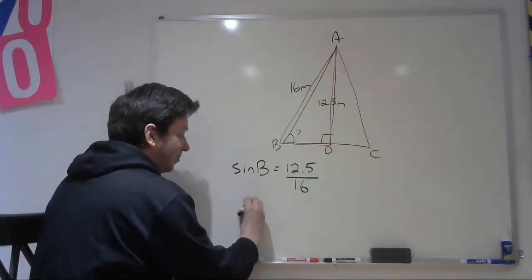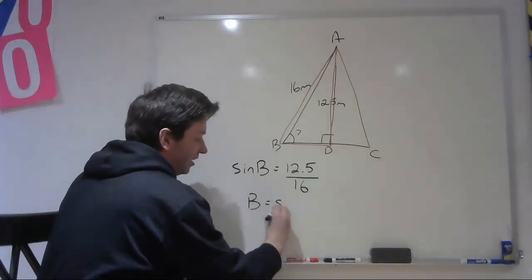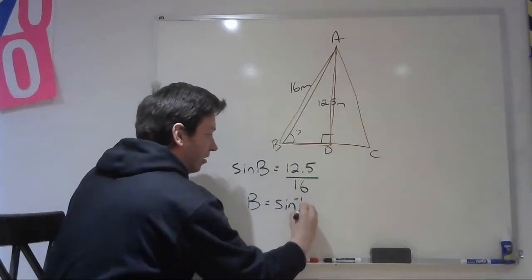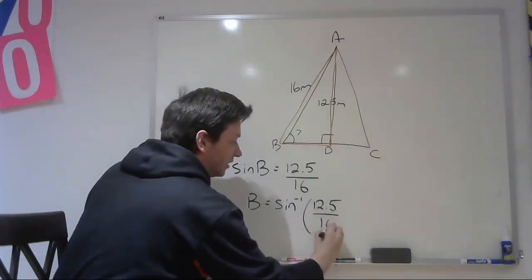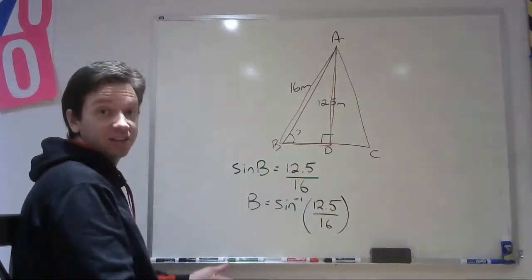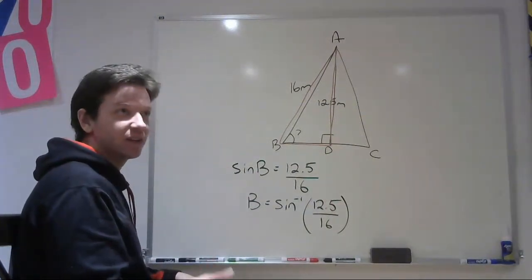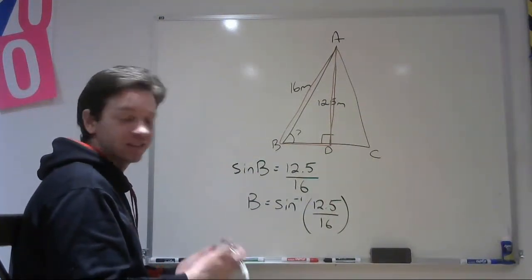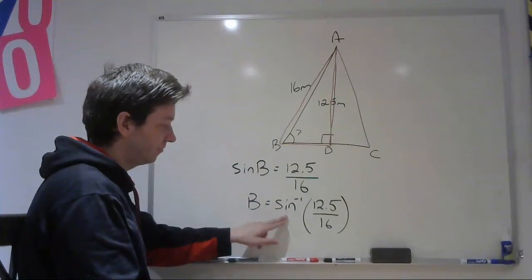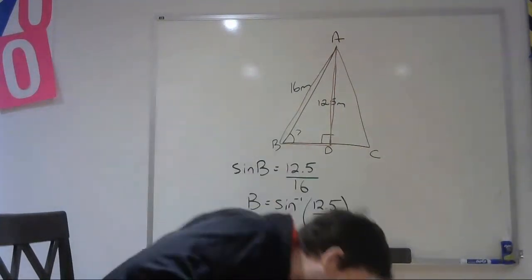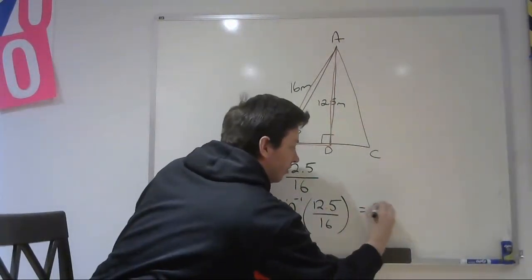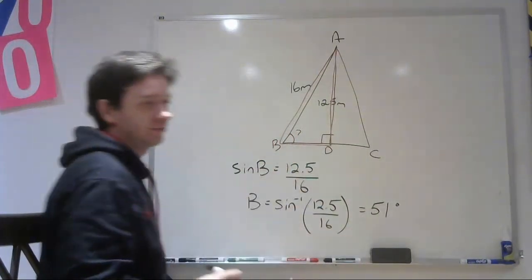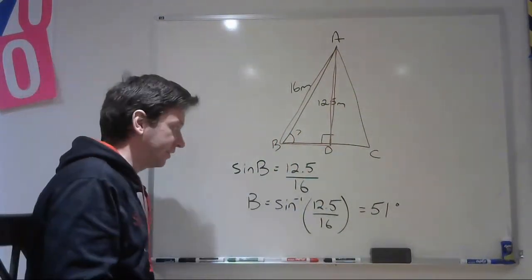So B equals the inverse sine of 12.5 over 16. You'll put that on your calculator using shift, or on some calculators second function, and you'll get an angle of 51 degrees. Well, I rounded it to 51 degrees.